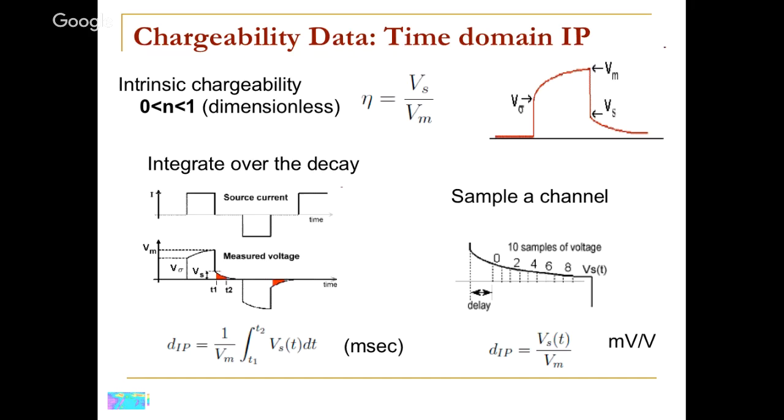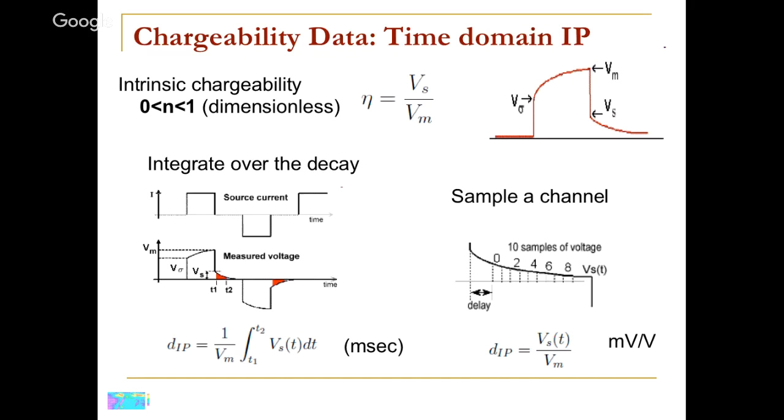And this ratio of this quantity here, V sub S at time t equal to 0, over V sub M, is equal to what we're going to call the chargeability eta. So our chargeability is kind of this ratio of what the final value of the voltage is compared to what's left when you immediately turn that voltage off.